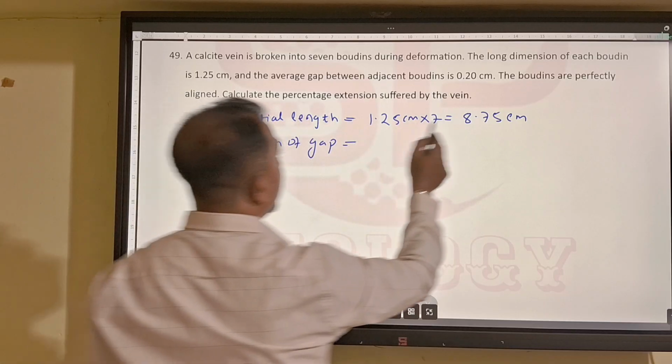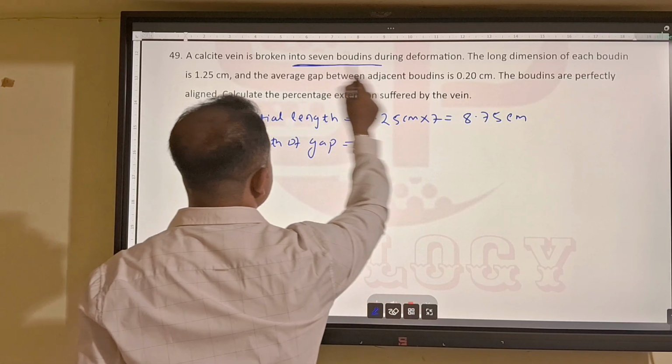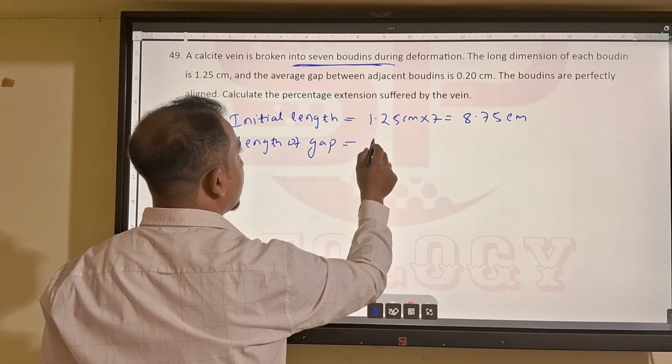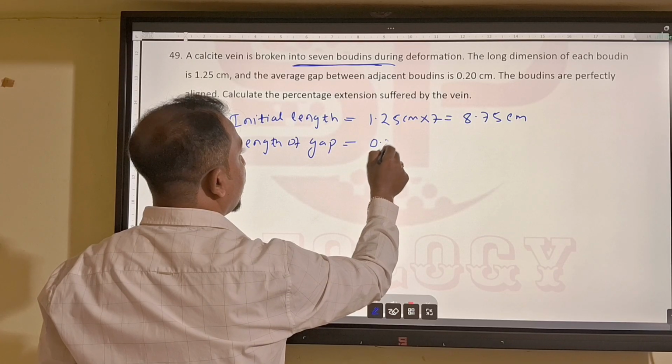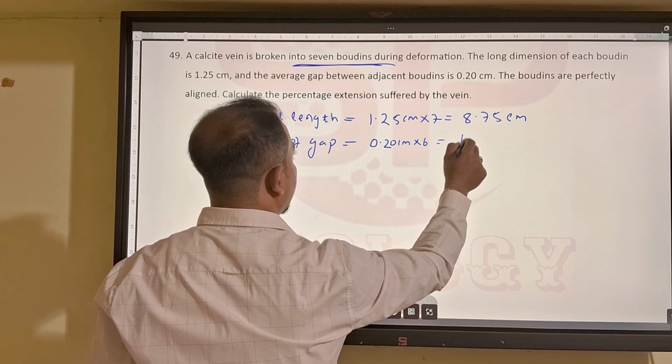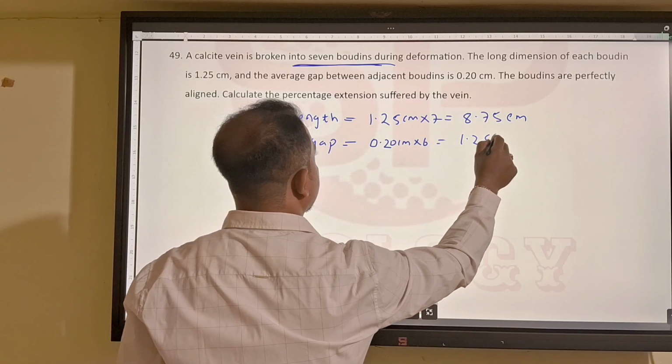The length of the gap: it is broken into 7 pieces, that means there will be 6 gaps. So 0.20 centimeter into 6 will be 1.2 centimeter.